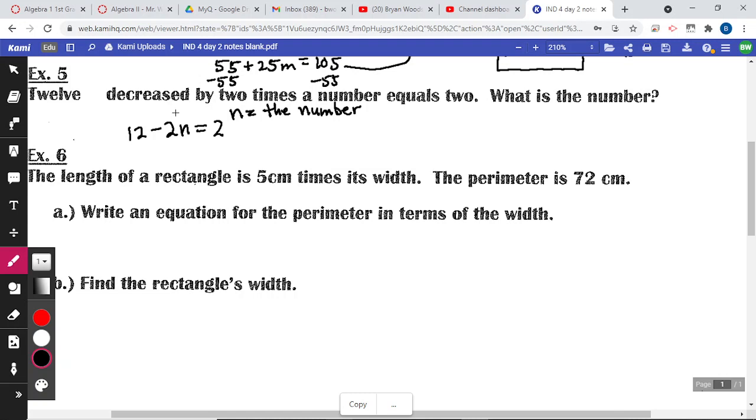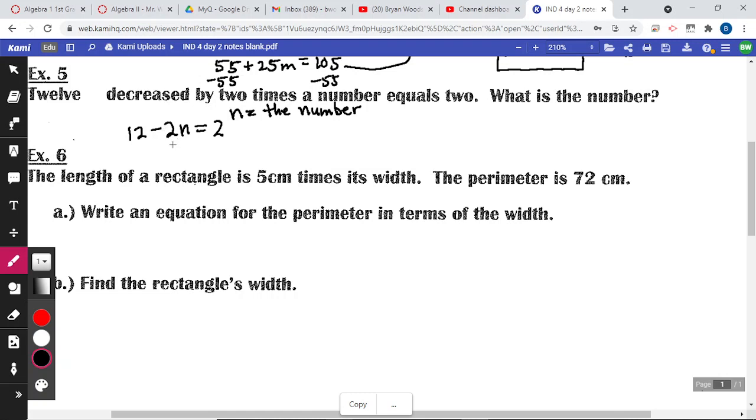Product means multiplication. Quotient means division. So get familiar with those as you go, and as you do more problems and you're not sure what one of them means, you'll gain more experience and knowledge and know what all those mean. But I just talked about several of them. That's probably most of them.